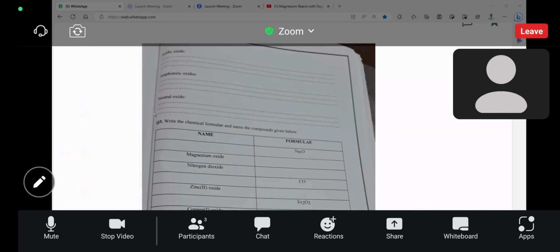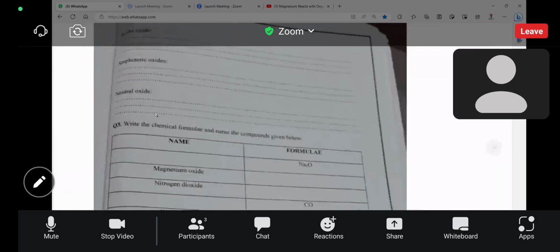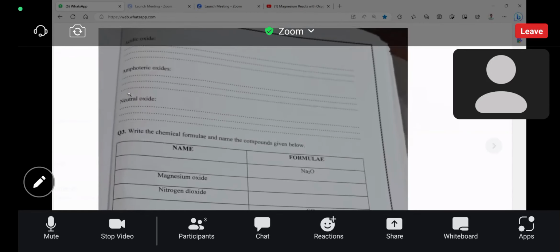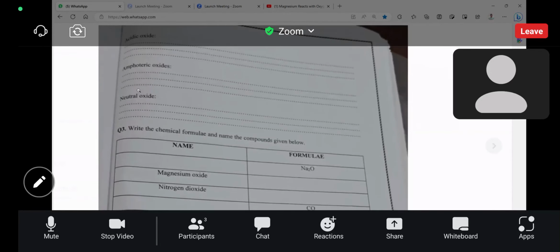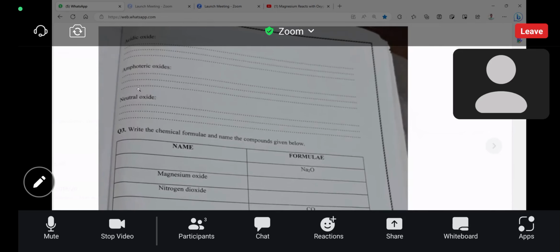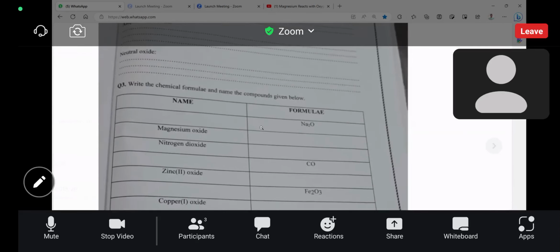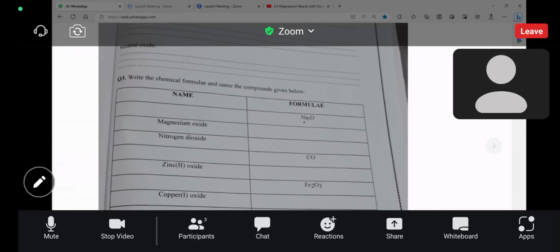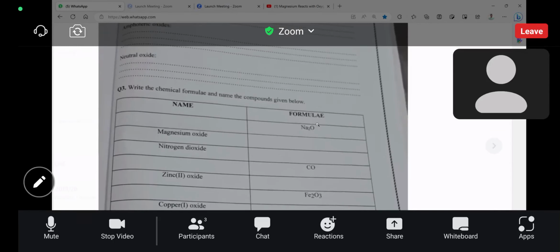Neutral oxides: first just listen and understand, after that you can write in your own words. Neutral oxides don't react with acids. They are neither acid nor base. You can simply write like that. And here, what is the formula? This is disodium oxide.